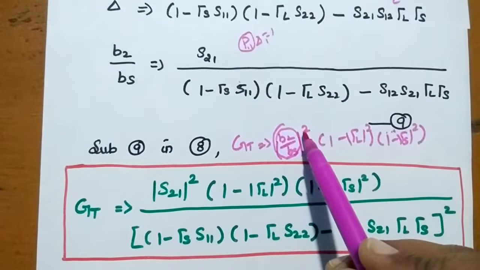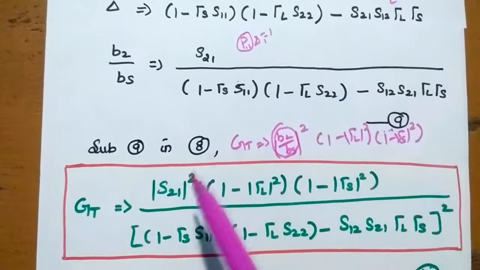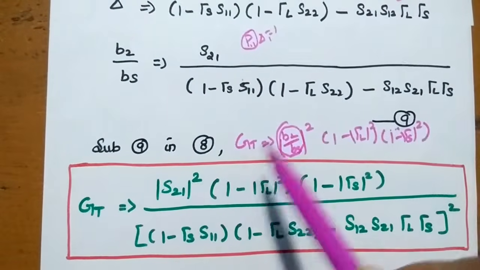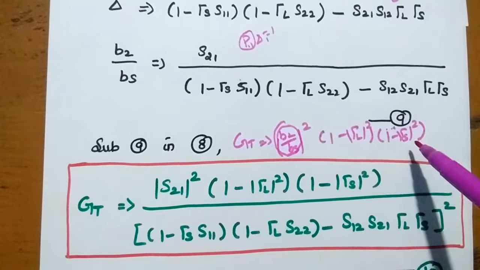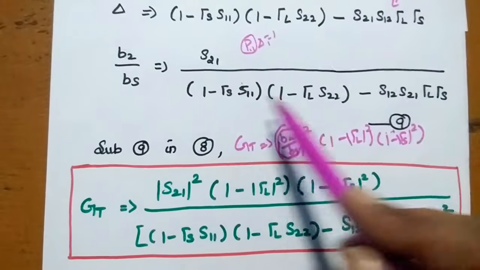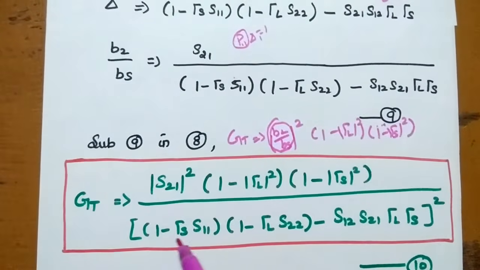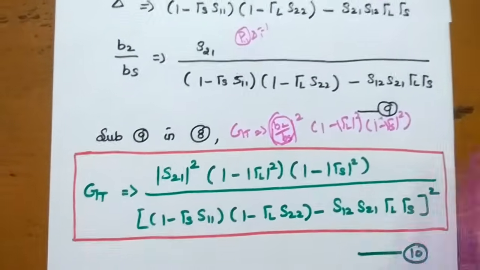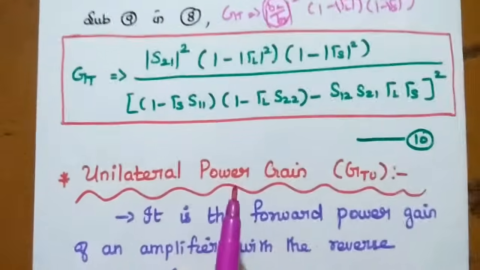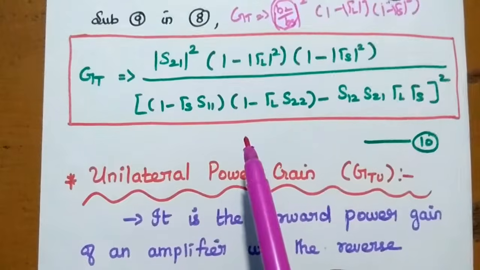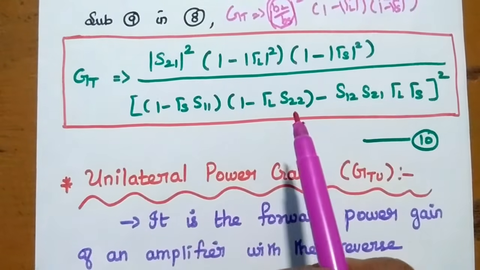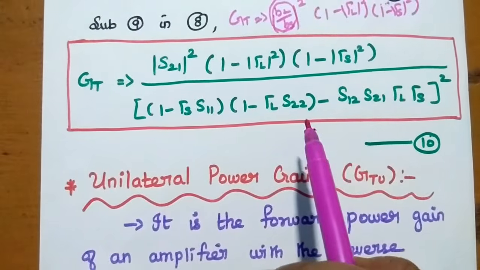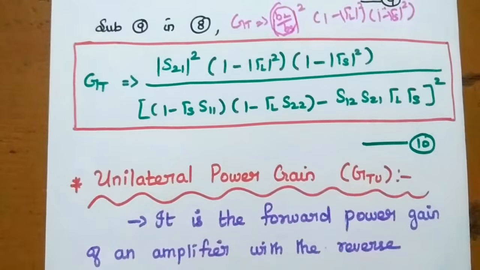So here it is squared, so we have to square all the terms. So S21 squared into 1 minus gamma L squared into 1 minus gamma S squared, divided by this denominator squared, so all the terms the whole squared. So this is the 10th equation. This is the expression for the transducer power gain of the RF amplifier.